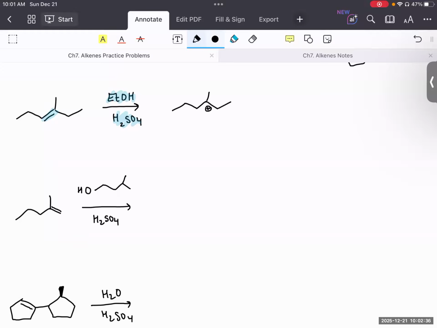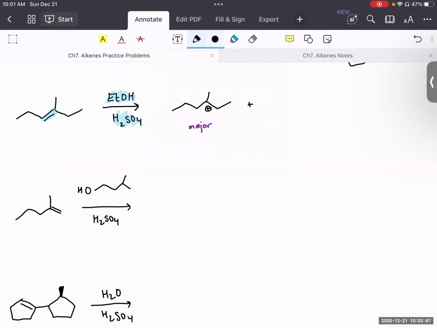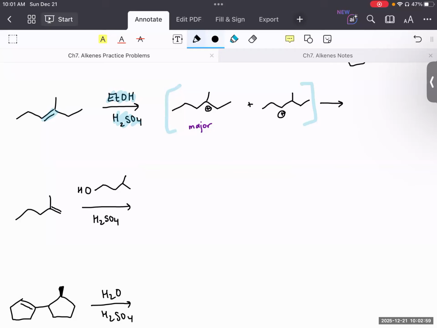And so here we can get this tertiary carbocation once we add on the hydrogen. Some classes prefer you to draw both, so they would label this as the major, and then this other one would be the minor at the secondary position. It kind of depends on the class. Some classes want you to draw both, some don't. But I'll draw both here just in case. But it's very possible that your class might not actually have you draw that secondary one.